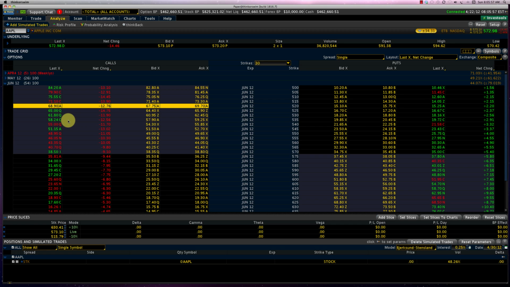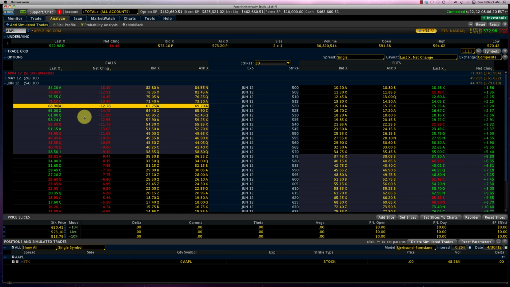So in the money options on the call side are shaded in gray, and they are on the top left. The out of the money options on the call side are shaded in black, and they are on the bottom left.